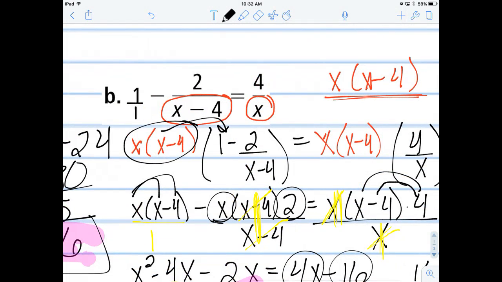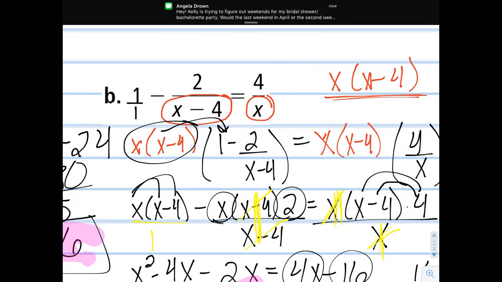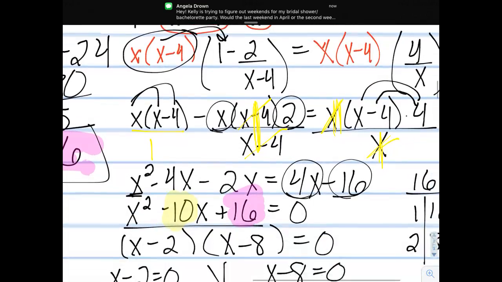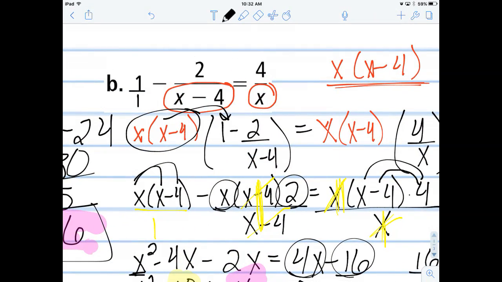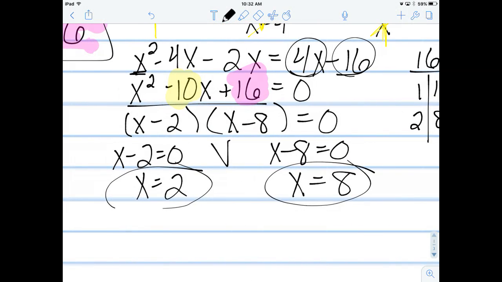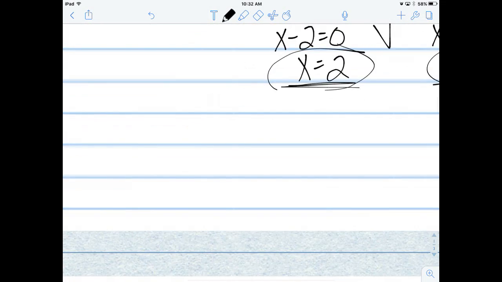So we come up here and we would double check to see if 2 works. I think it will. We'd have 1 minus 2. Yep. 1 minus a negative 2. Oops, sorry about that. I need to turn my notifications off. Okay, so 2 or 8. The two solutions that will work.